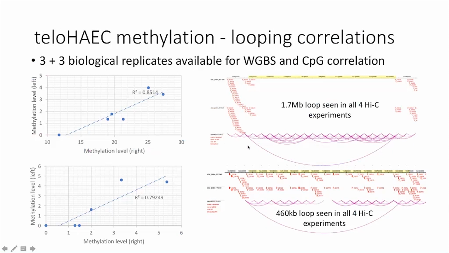long distance looping detected in the endothelial cell system, as shown here, is an example of a 1.7 megabase loop across, these are ATAC-seq peaks, across two regulatory elements, shows high methylation correlation, and another example of a slightly shorter interaction loop, again showing high methylation correlation. So at least we are able to replicate in the same samples some of the external data that I showed previously for the CD4 plus T cells.